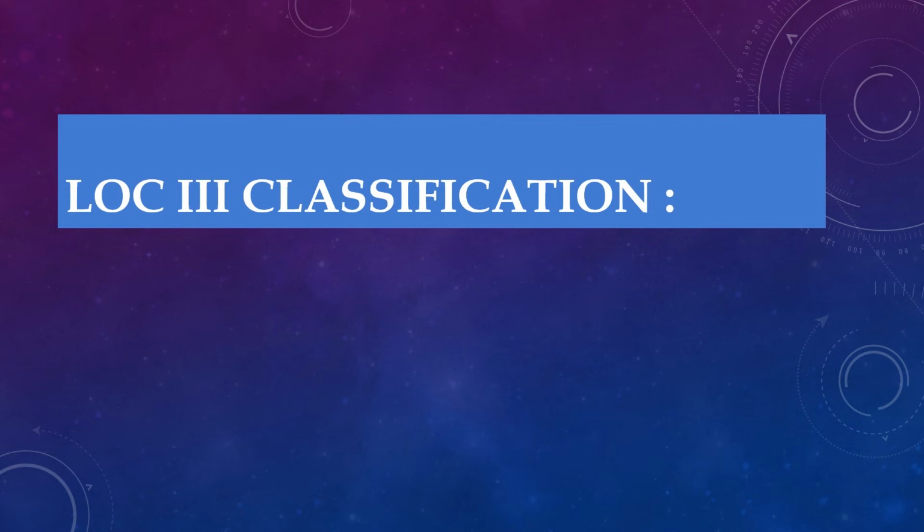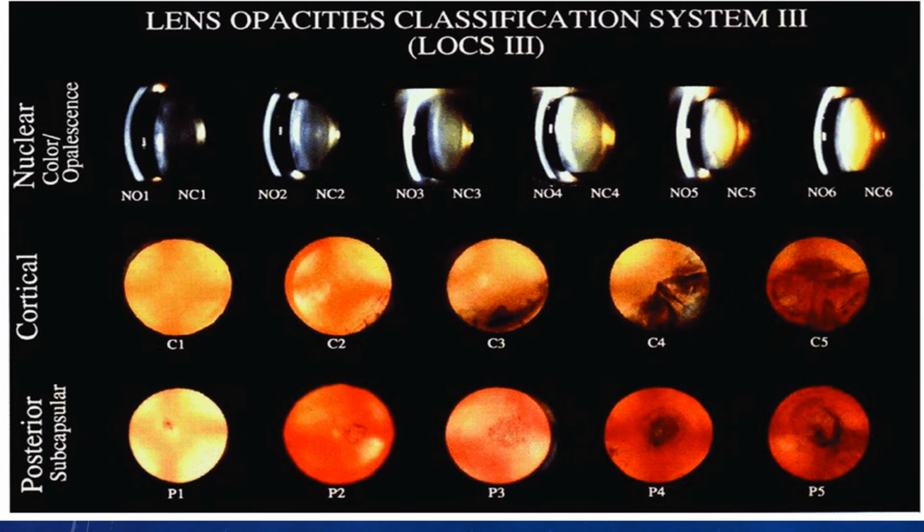However, what we follow now is the Lens Opacity Classification 3. So what is this LOCS 3? In LOCS 3, we are going to compare what you are seeing on the slit lamp to this set of pictures, right? Under this system, we have 6 pictures for the nuclear color and opalescence. So we have NO1, NC1, you can see it's almost clear.